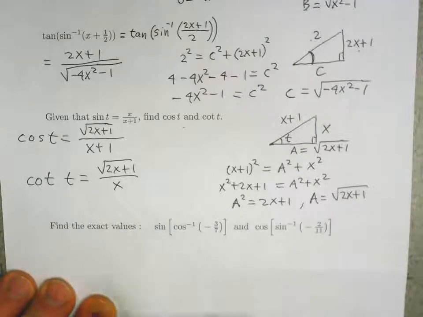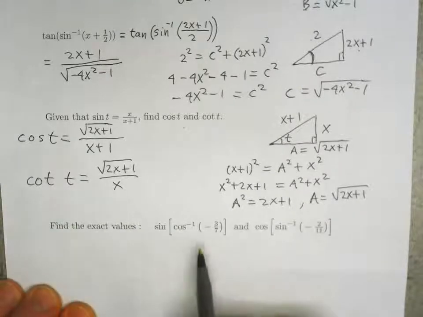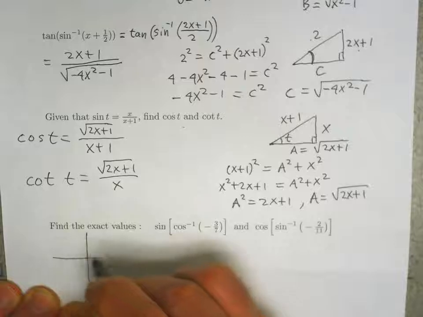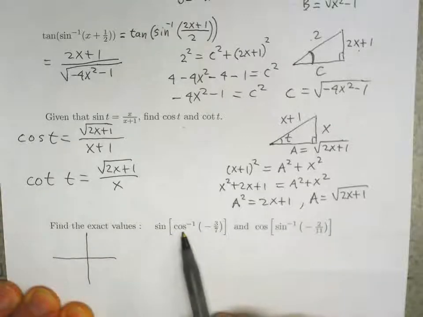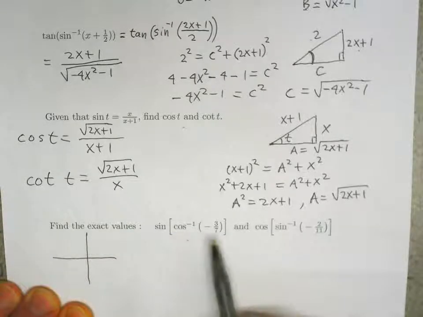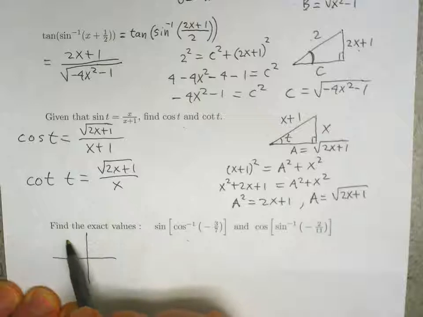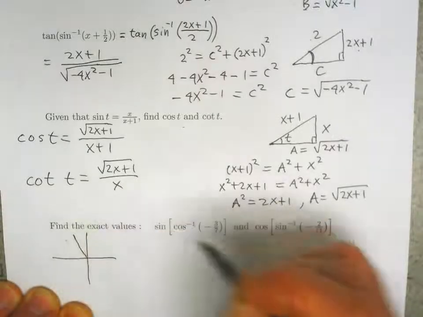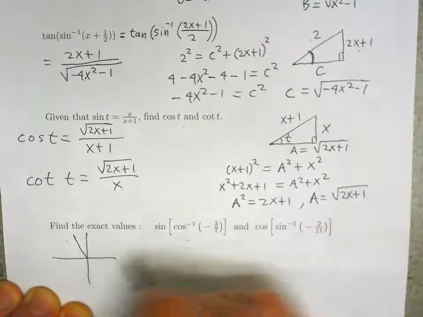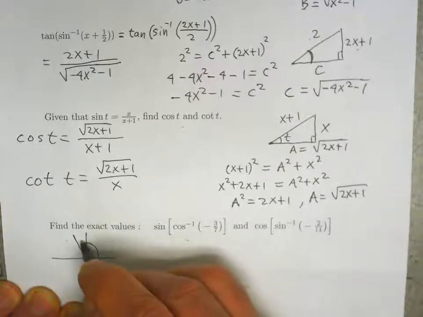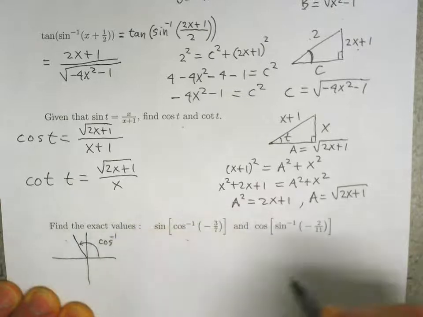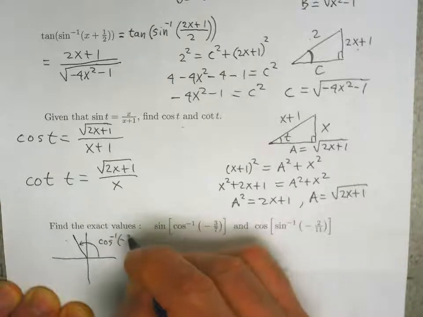So we can just construct an ordinary right triangle, or we can also recognize that inverse cosine of a negative number has to be in the second quadrant. So this angle is the inverse cosine of negative 3/7.